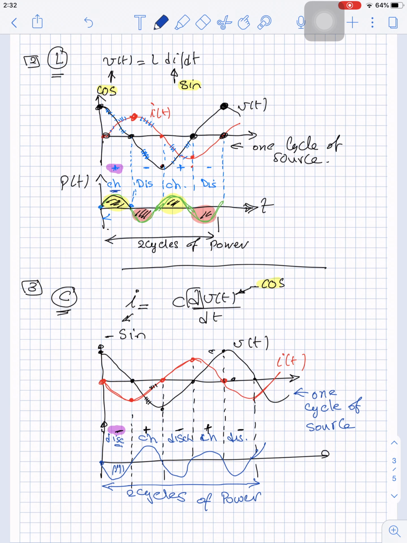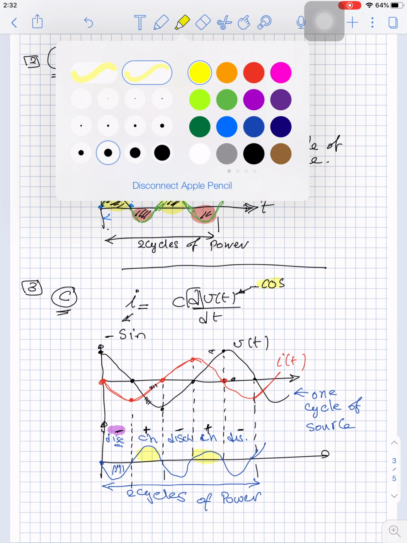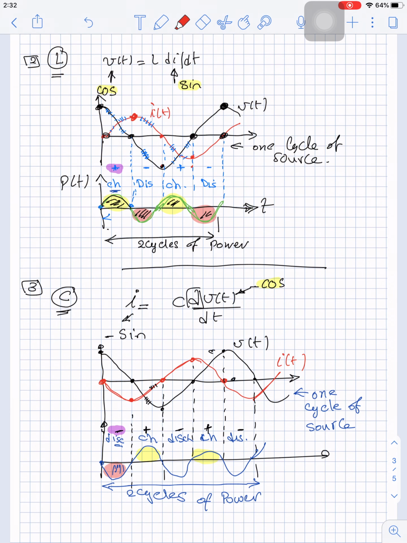Or the frequency of the power is double the frequency of the source. And you can see here that the power here is positive and the power here is negative, with an average equal to 0, because you divided the cycle into 4 equal pieces, and in each piece you are charging or discharging.